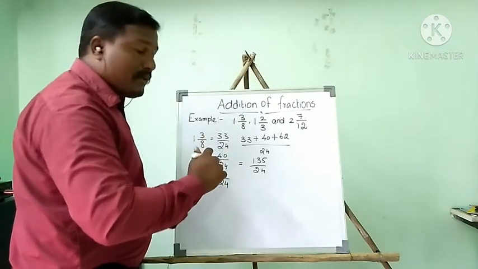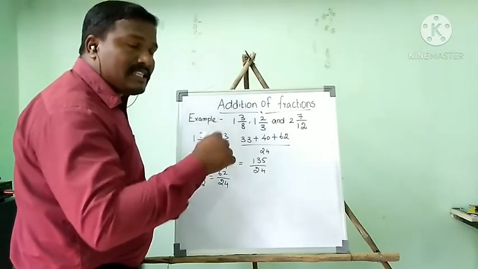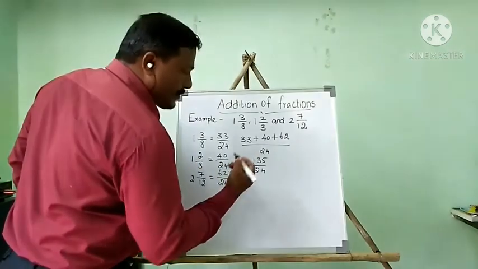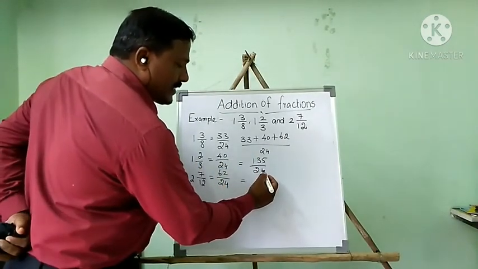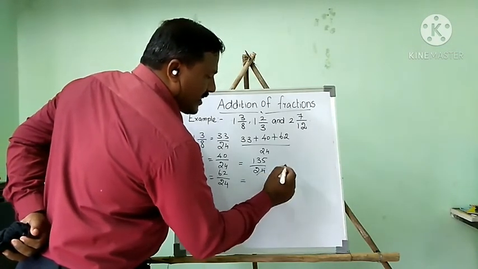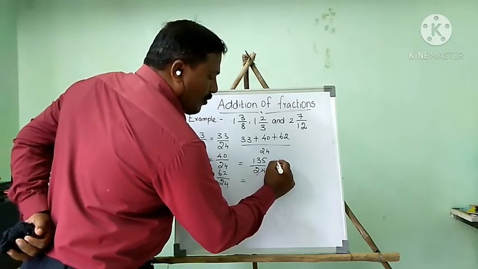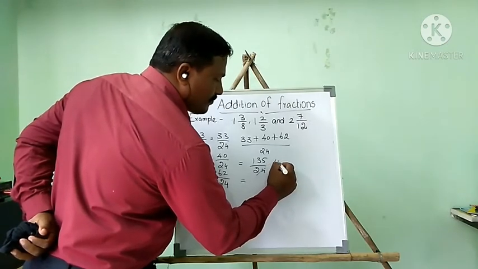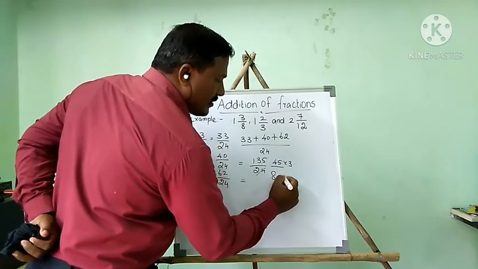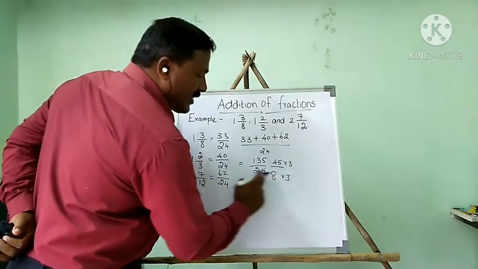We already discussed how to convert an improper fraction to a mixed fraction. As per that, now I am simplifying this. 8 3s are 24. If I divide, 5 24s are 120, then 15 remaining. Then 5 3s are 15, 8 3s are 24.